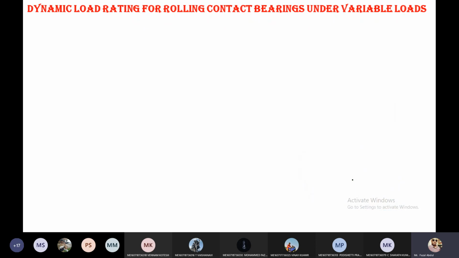So, dynamic load rating for rolling contact bearing. Yesterday we discussed one topic: life of bearing, rating life, minimum life, average life and maximum life of the bearing.